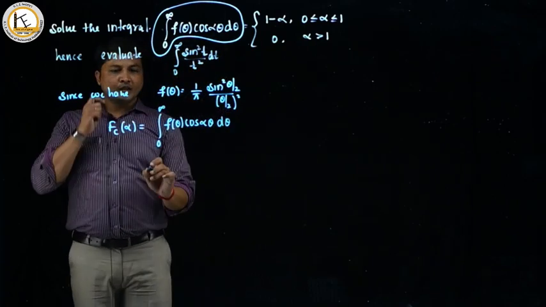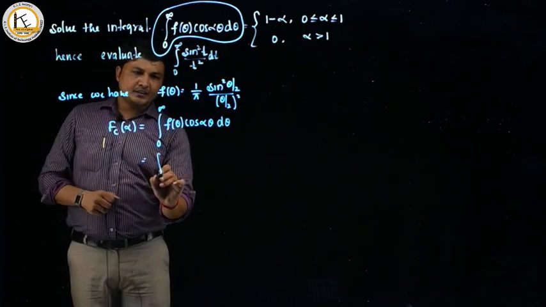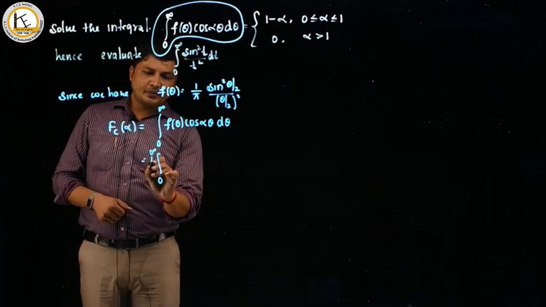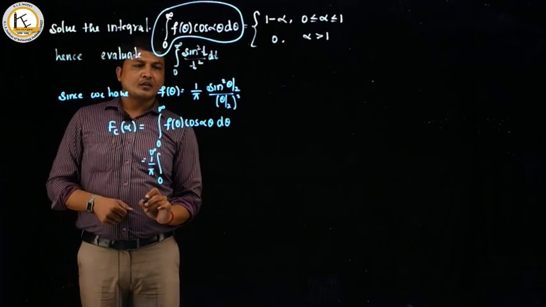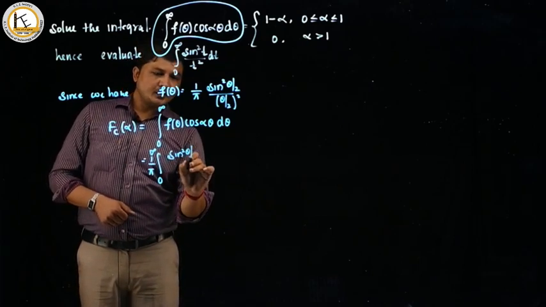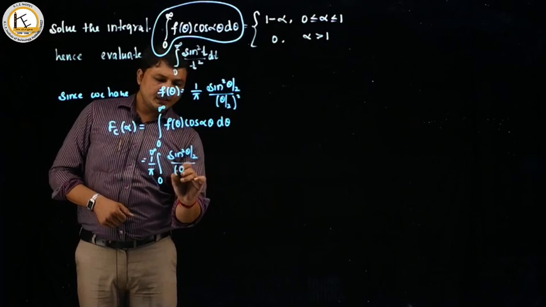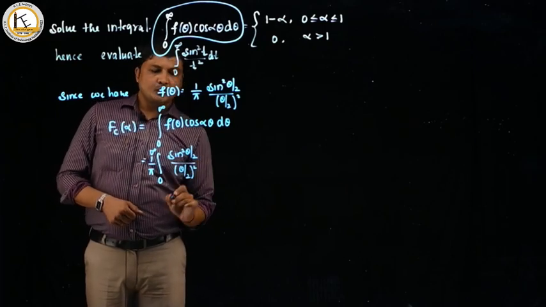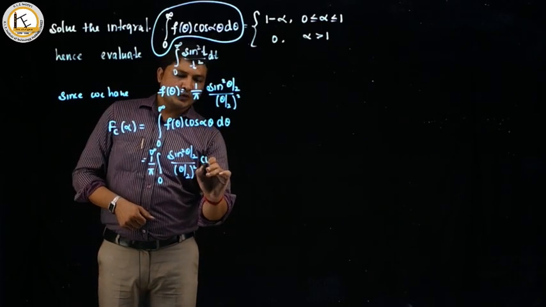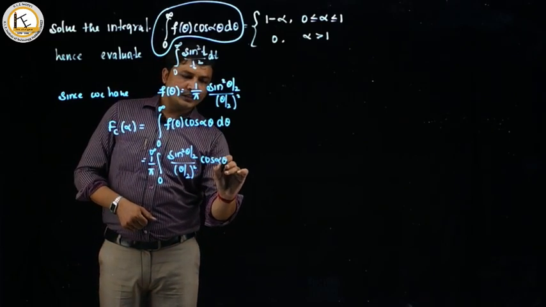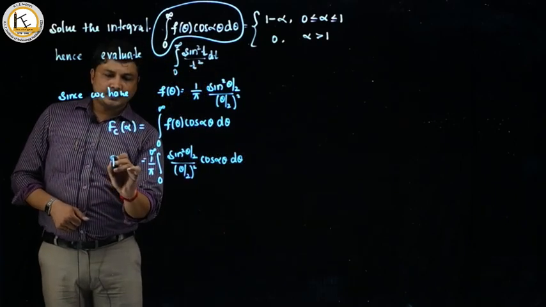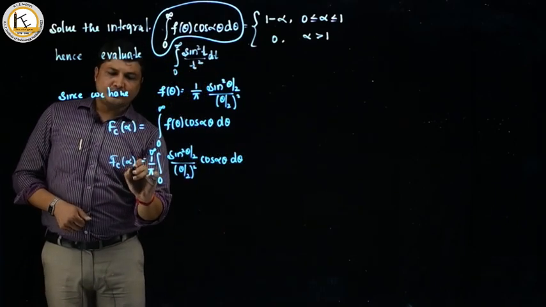Now replacing this f of theta, we have 1 upon pi, I will take it outside, into sine square theta by 2 divided by theta by 2 the whole square, into cos alpha theta with respect to theta, and here we have fc of alpha.